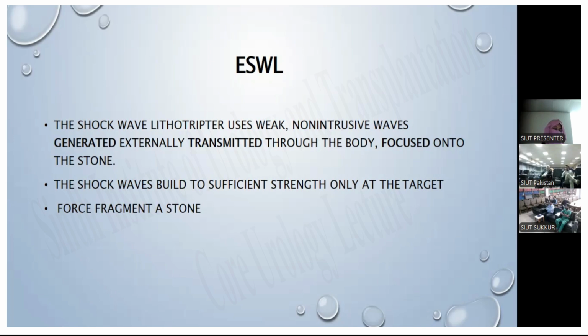To summarize, we need to know the physics behind the ESWL machine as well. So they are differentiated on the types of certain characteristics. Like in the machine, how it works, we need to know the wave, and there has to be a generating device in each one of them, and it is transmitted through a medium.